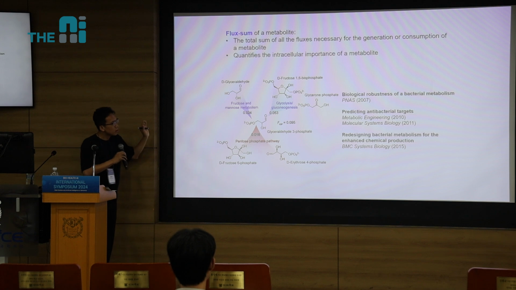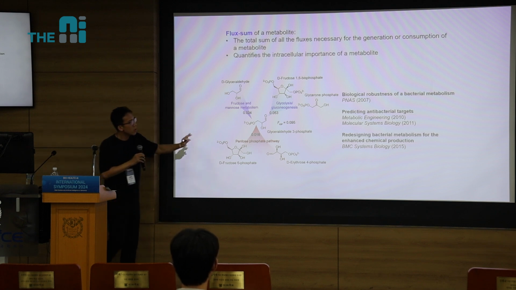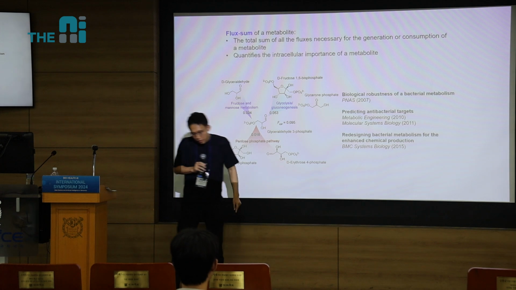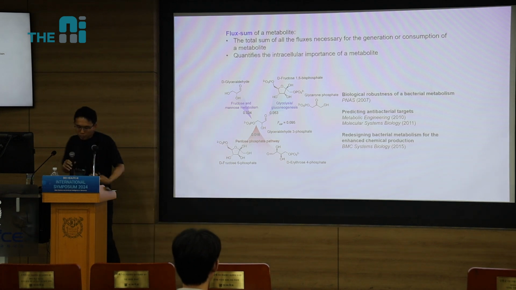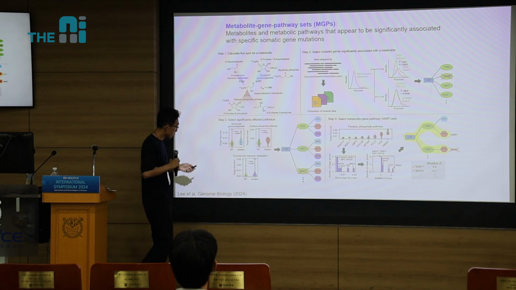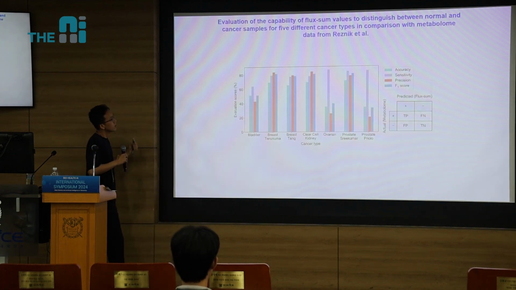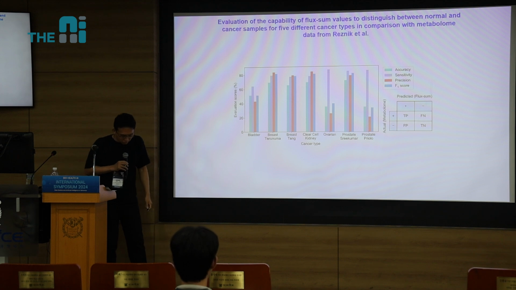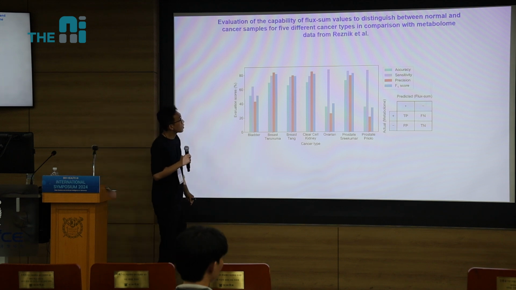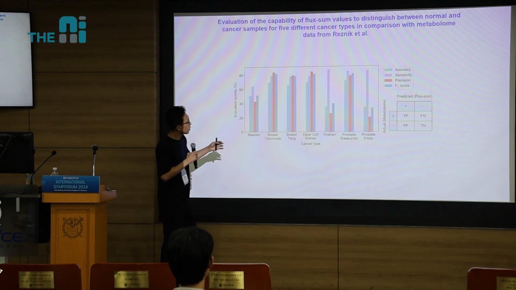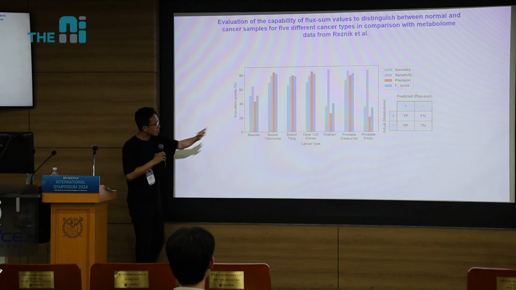A little technical stuff, but initially the idea of Fluxum was developed quite a while ago for bacterial systems, but then we decided to apply this concept to cancer metabolism. We had to make sure that these Fluxum values that we can calculate by using metabolic models are capable of distinguishing normal and cancer samples.